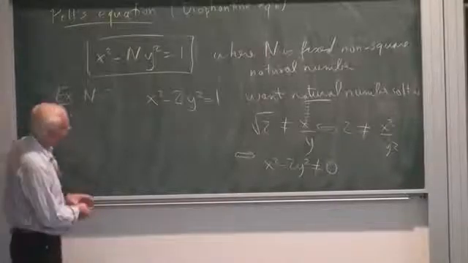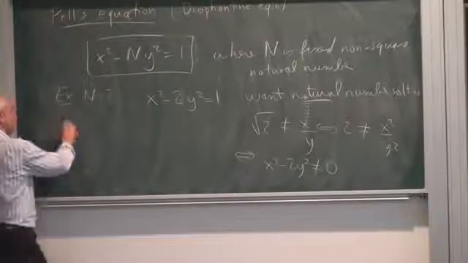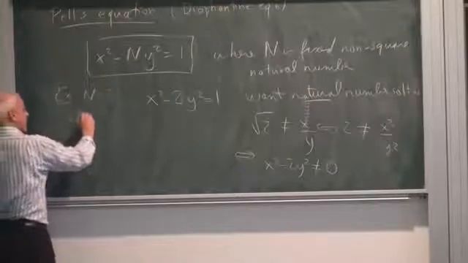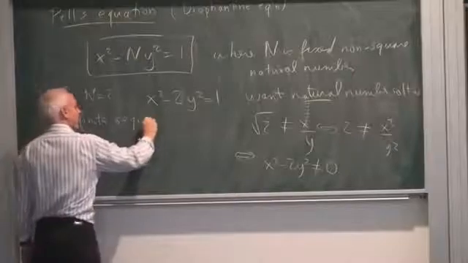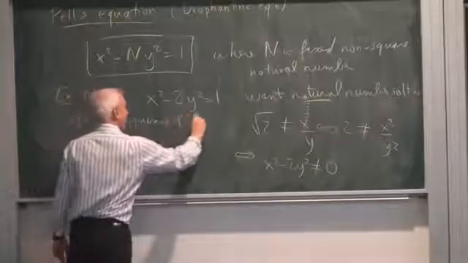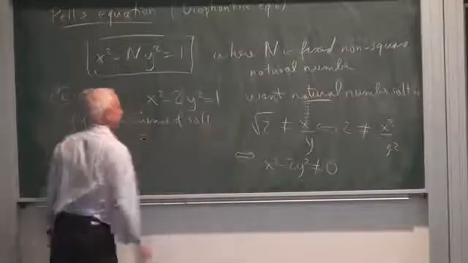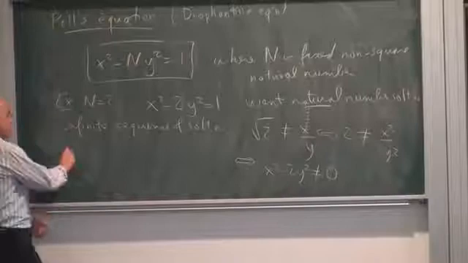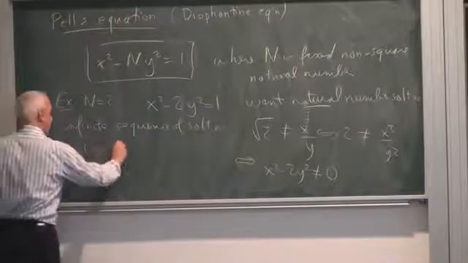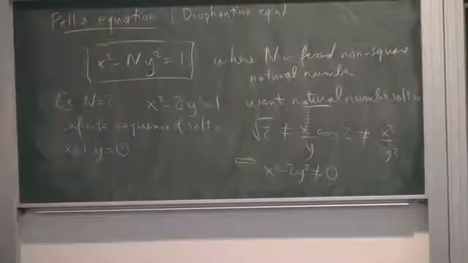Well, the ancient Greeks, Euclid, realized that there was an infinite sequence of solutions. Such as x equals 1, y equals 0. That's a solution.